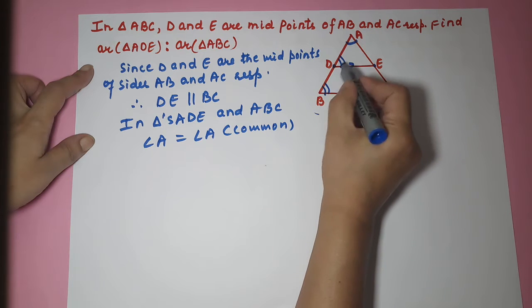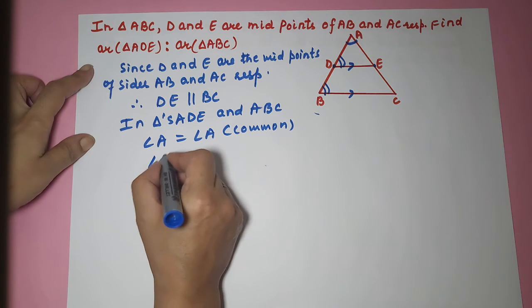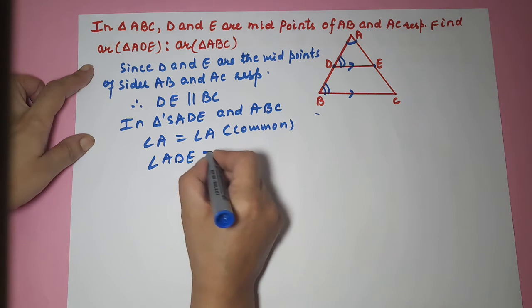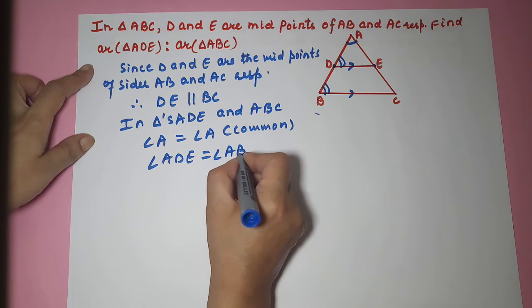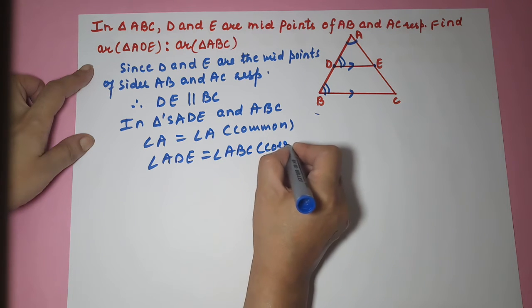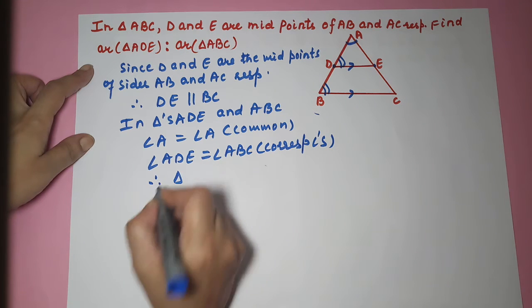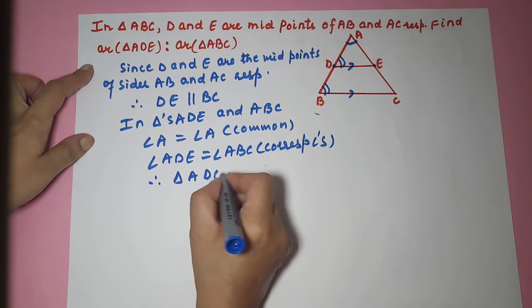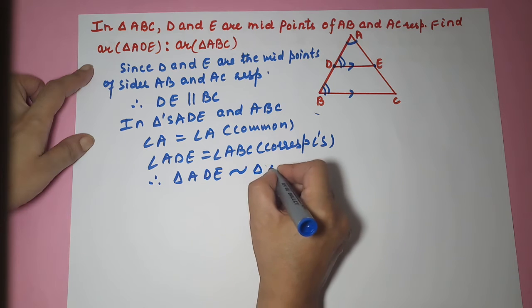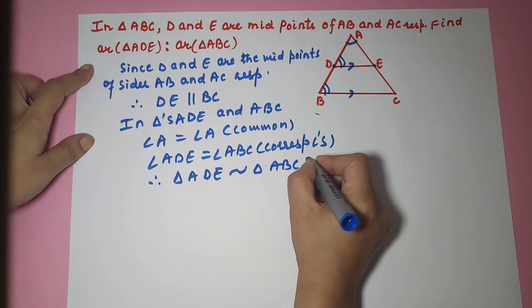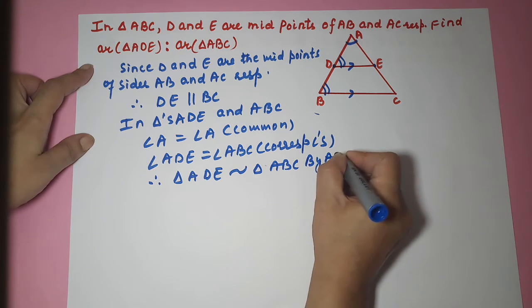So these two are corresponding angles. Angle ADE is equal to angle ABC. Reason? Corresponding angles. Therefore, triangle ADE is similar to triangle ABC by AA axiom.